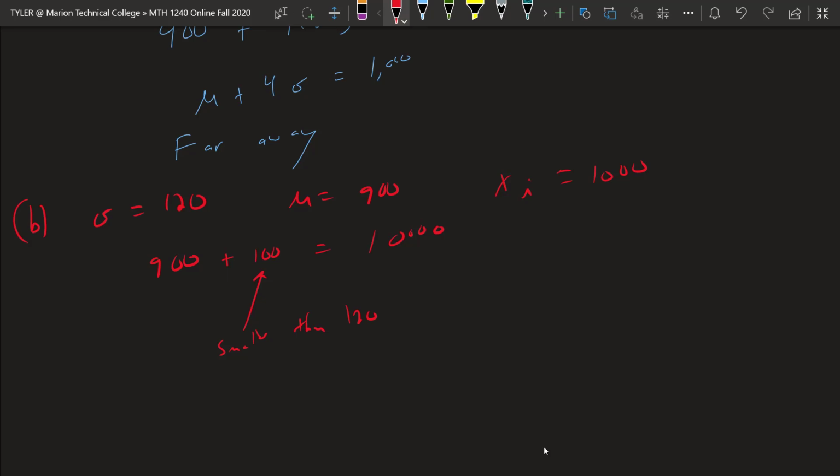So in other words, we're going to take the mean plus less than 1 times the standard deviation to get to 1,000. So this is less than 1 standard deviation away from the mean. The number 1,000 is not far away. So it all depends on what the standard deviation is.